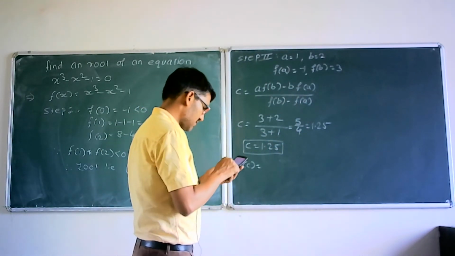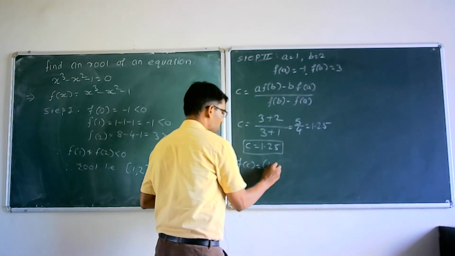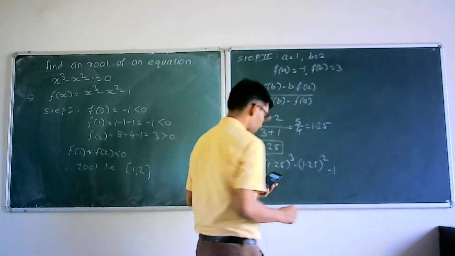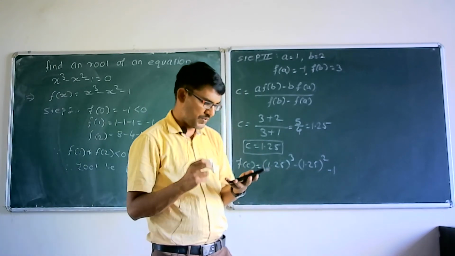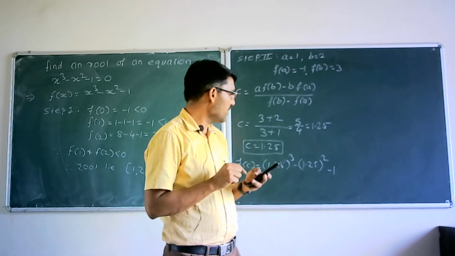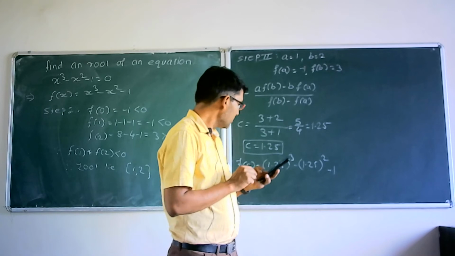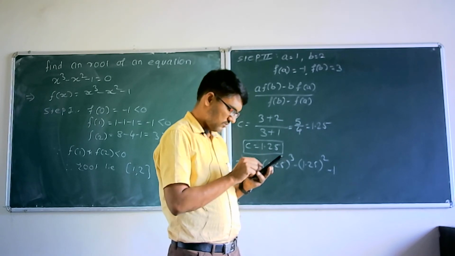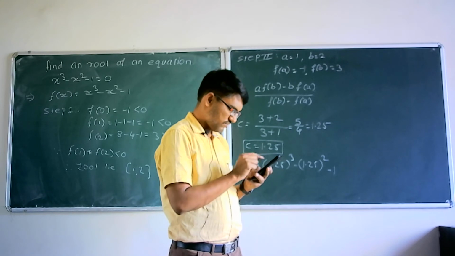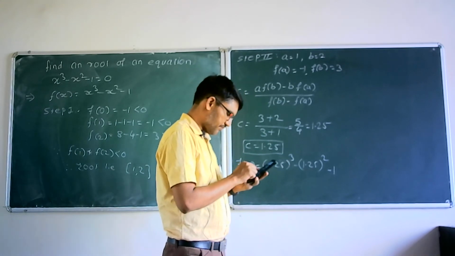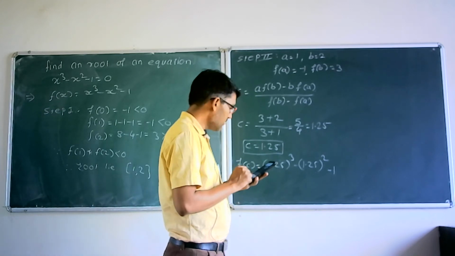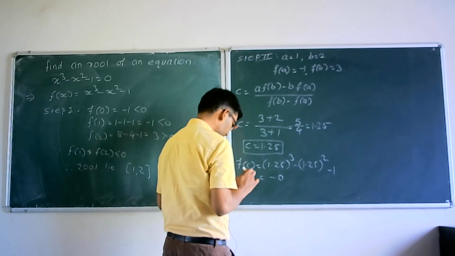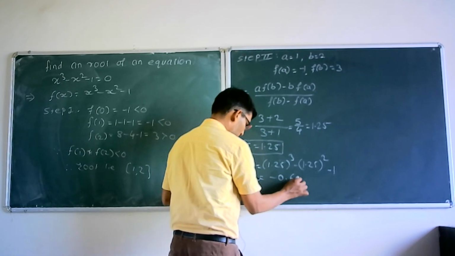Use your calculator: type the whole expression and press equals, and you will get the answer, which is −0.6094.